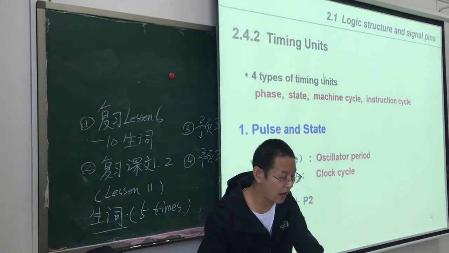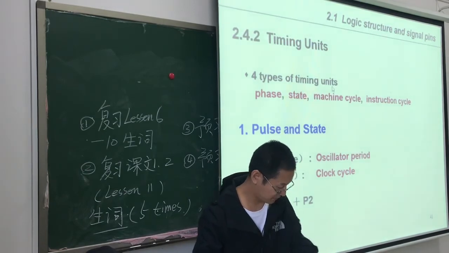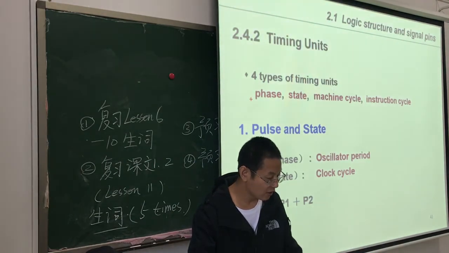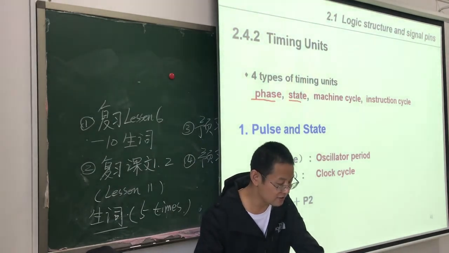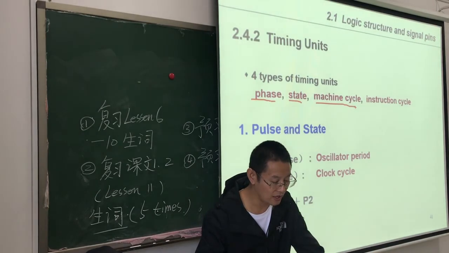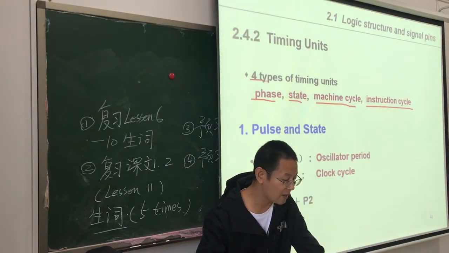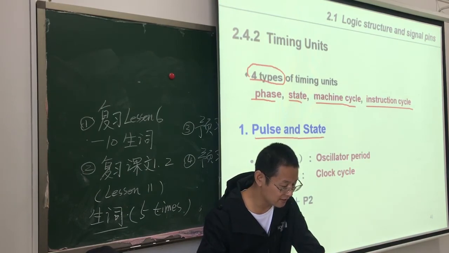Time units. There are 4 types of time units: phase, state, machine cycle, and instruction cycle. Phase is the oscillator period.